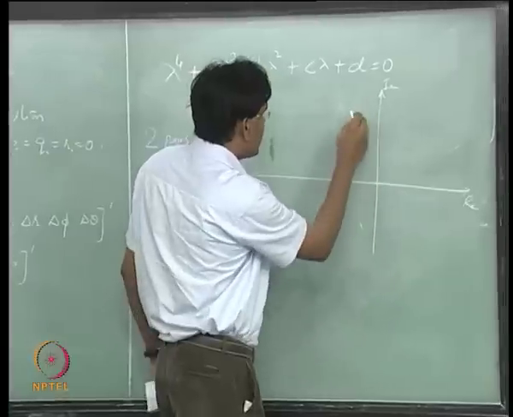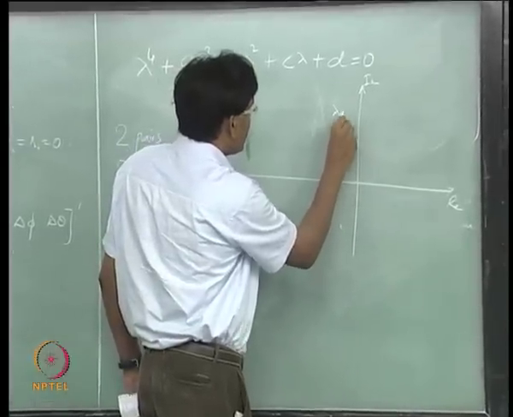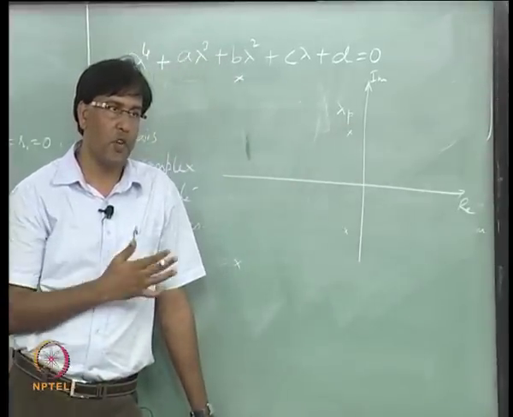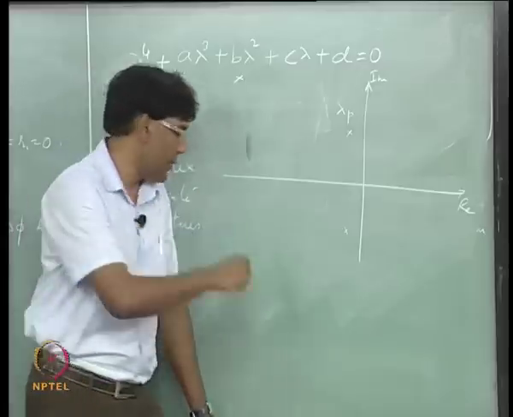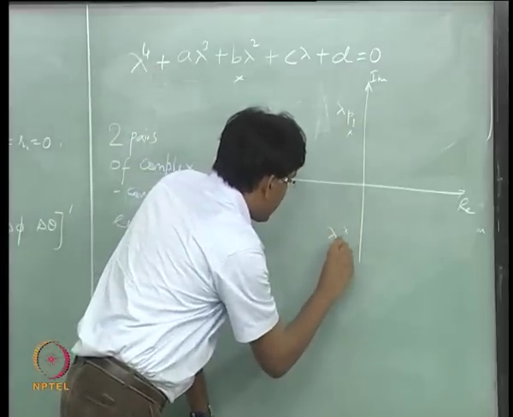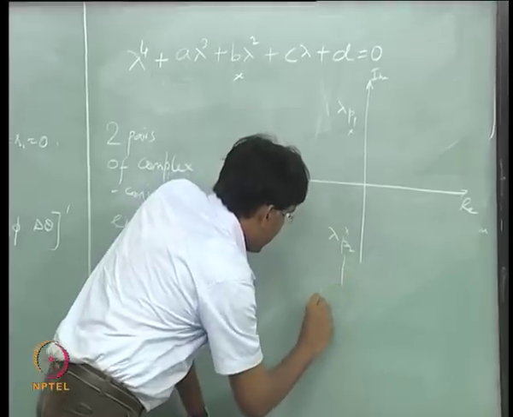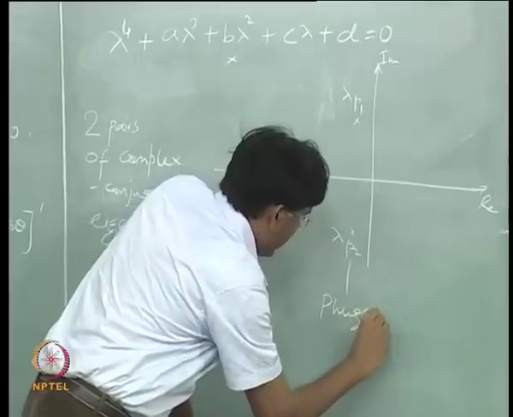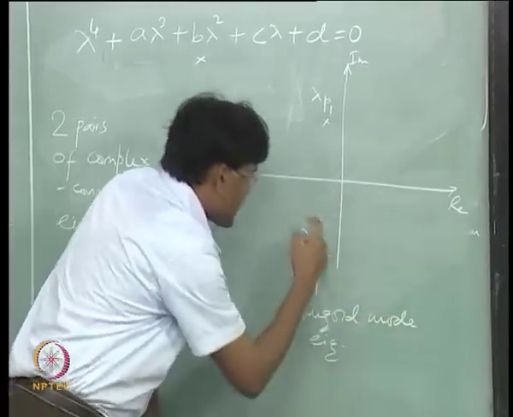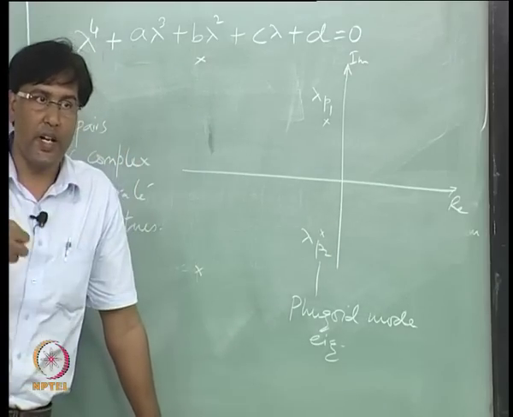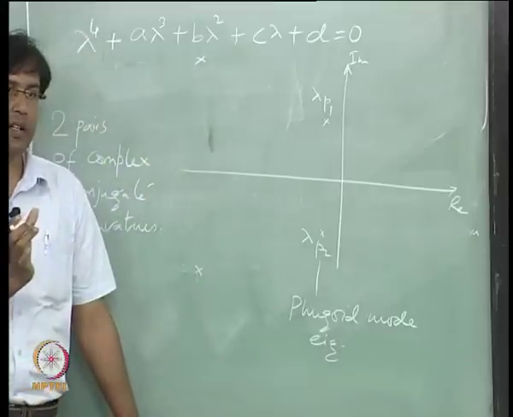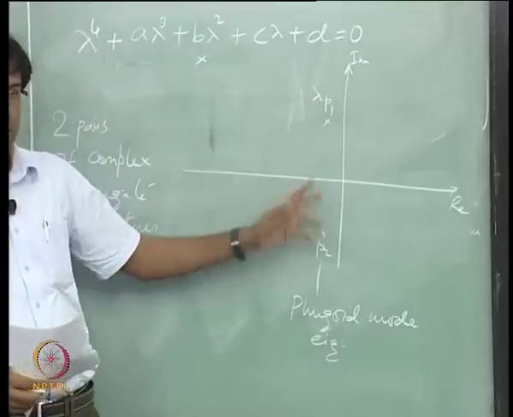This pair is called phugoid, because it is associated with a longer time period, is closer to the imaginary axis, has less damping, right, and the frequency is low.